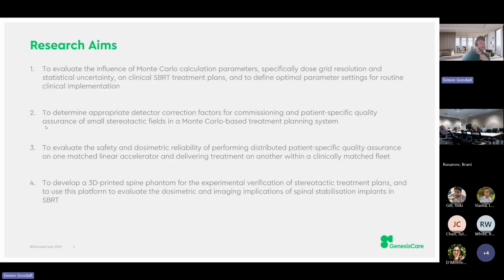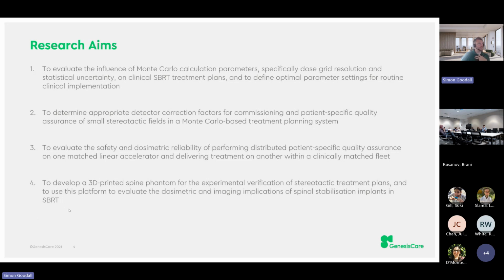Then we wanted to look at the best way to go about commissioning these techniques, how we can use small field detectors to verify these doses accurately, and then move on to the idea of a distributive QA model, which we'll come back to. This focuses on how we can use different Linacs for treatment QA, and move patients around to make it optimal for them. And then we went on to evaluate implant-based approaches.